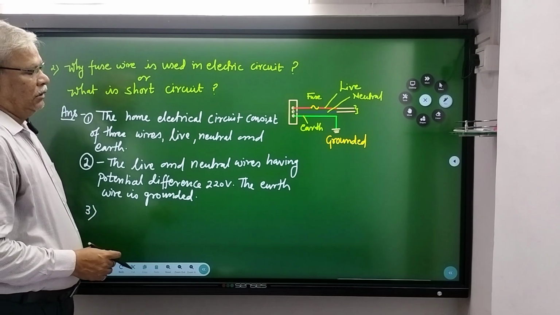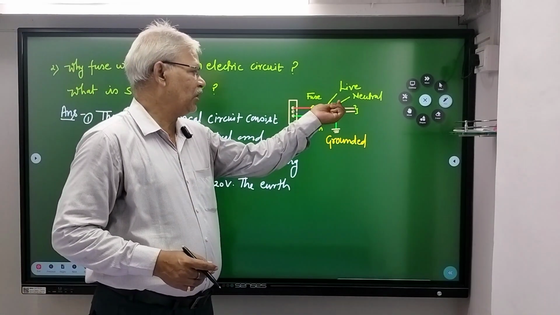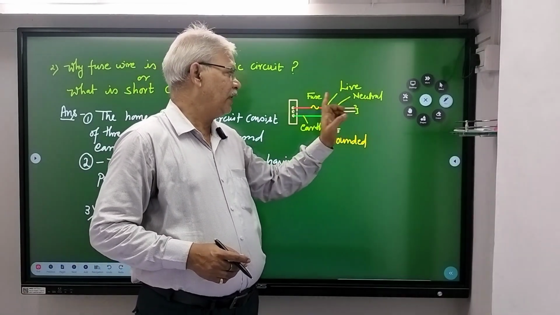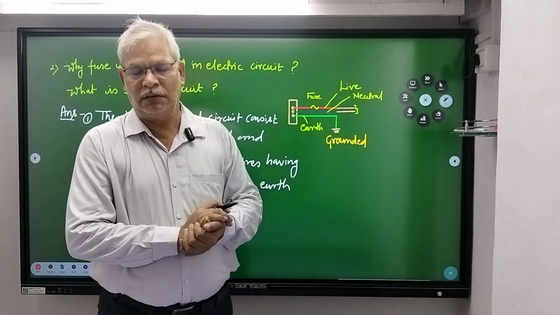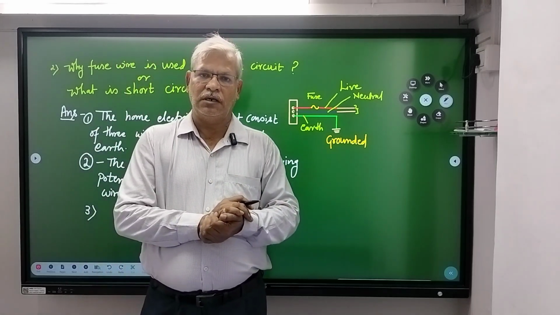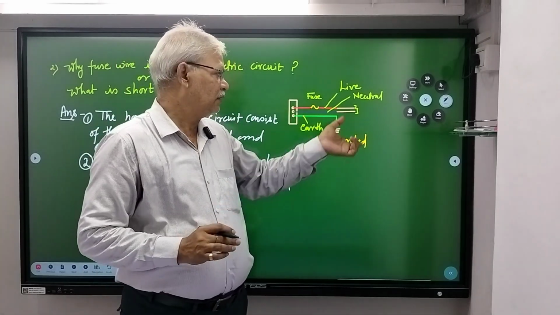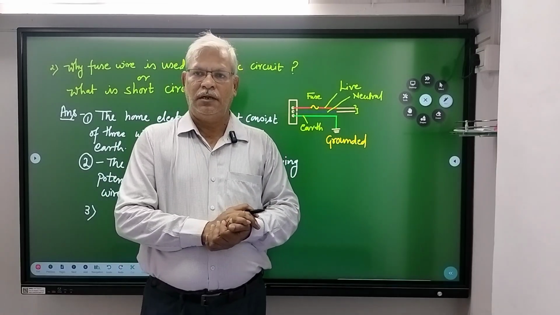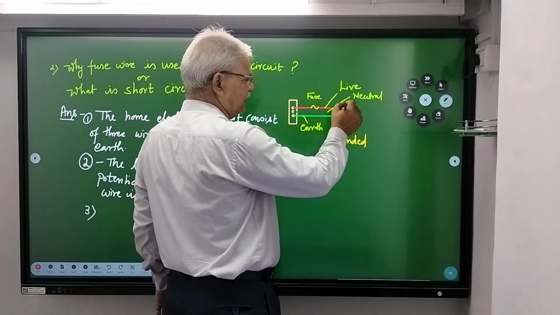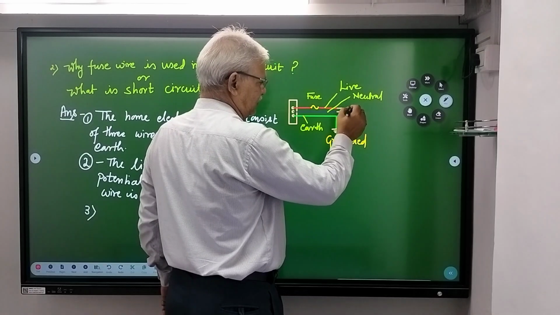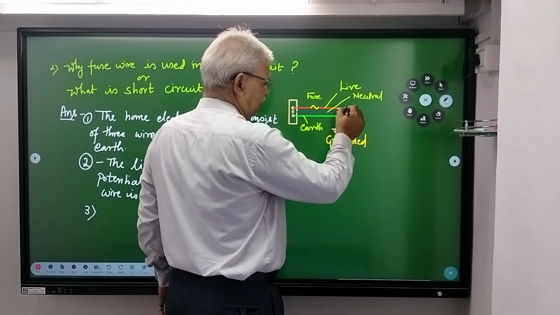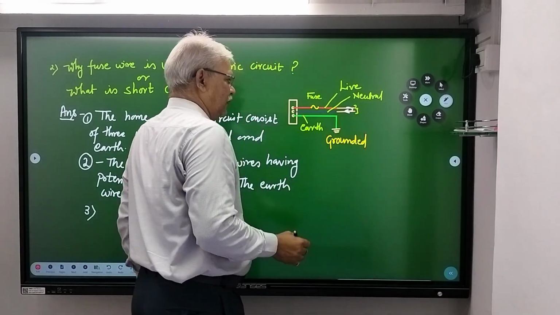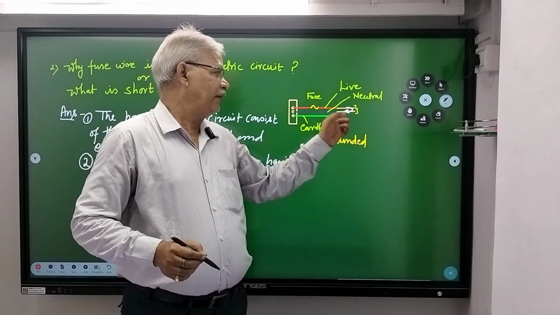So see, if the plastic coating of the live and neutral wire is removed or gives away, then they come in contact with each other. And as the wires come in contact with each other, a large electric current flows from live to neutral.